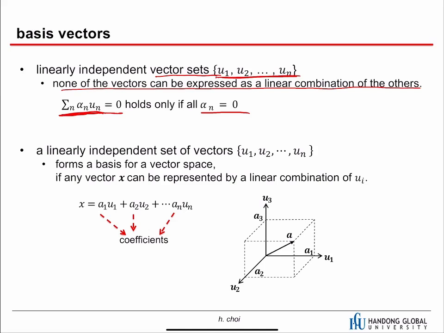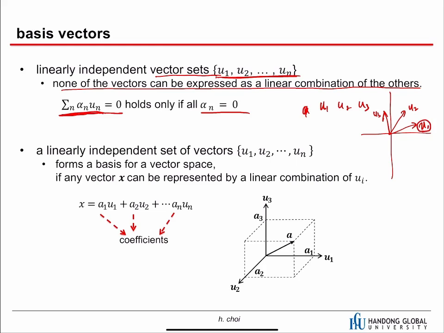Okay, so let's say we have u1 and u2 and u3 in two-dimensional space. Okay, this one is u1, and this one is u2, and this one is u3. Then u1 can be represented as a weighted sum of u2 and u3.